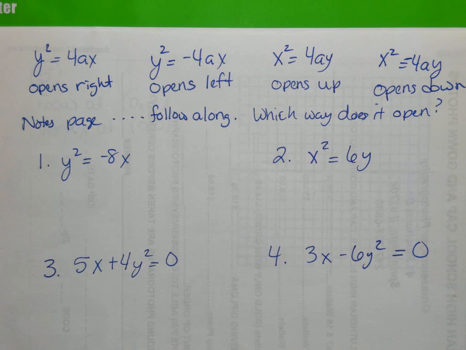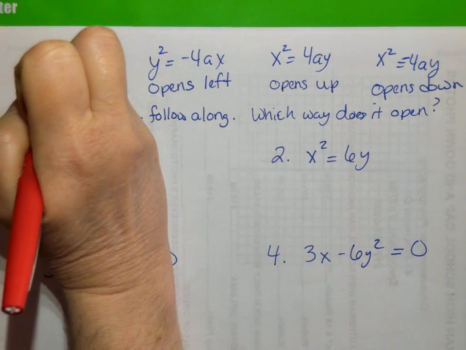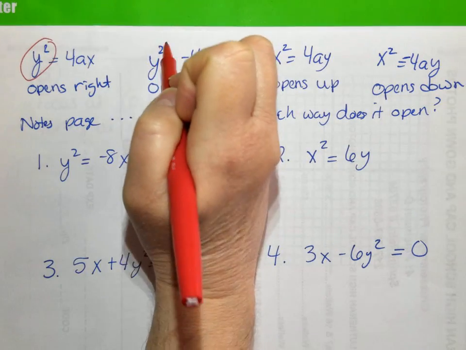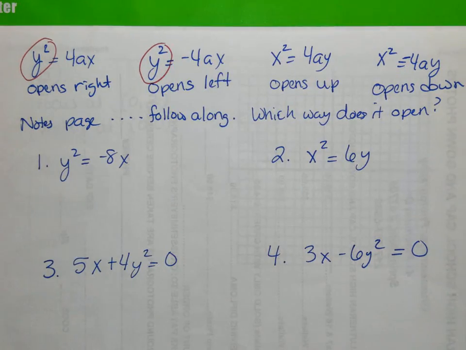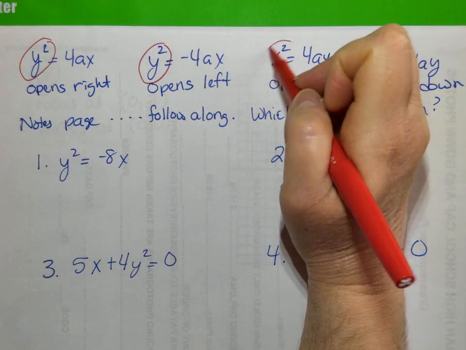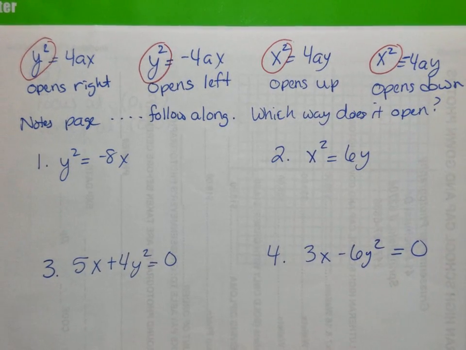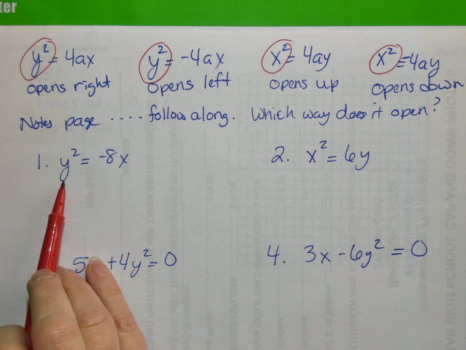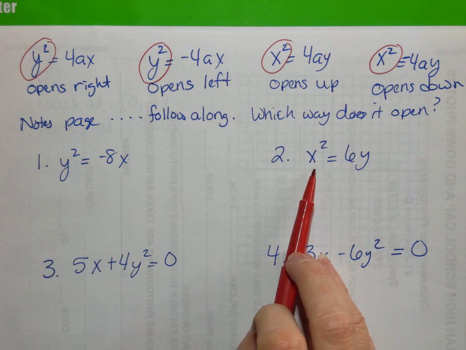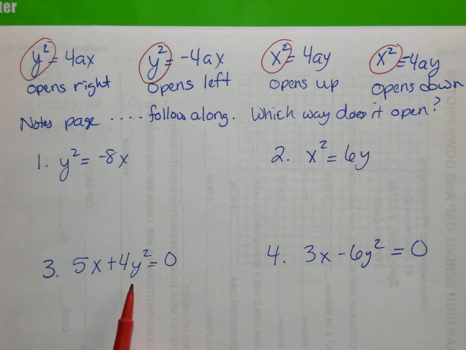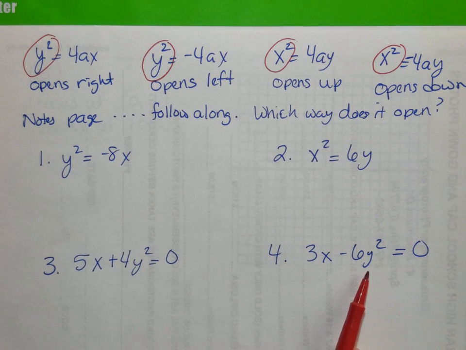Well, notice that when it opens right and when it opens left, the y is squared. When it opens up and down, the x is squared. So that should tell me this opens right or left. This opens up or down. This opens right or left. This opens right or left.